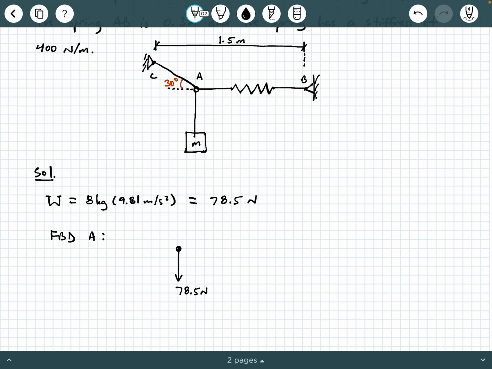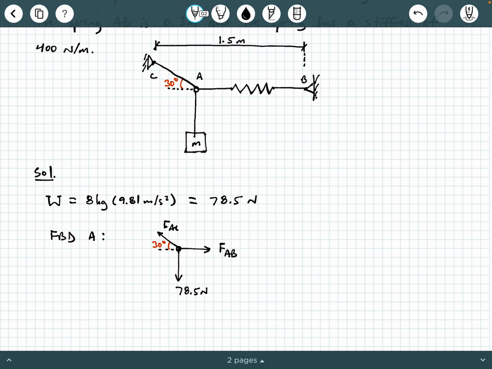What do we have coming off to the right? That's just going to be an FAB. And then we have this diagonal force here, FAC, and that is going to be at that 30-degree angle. I'm going to try to color coordinate here. We have that 30-degree angle there.